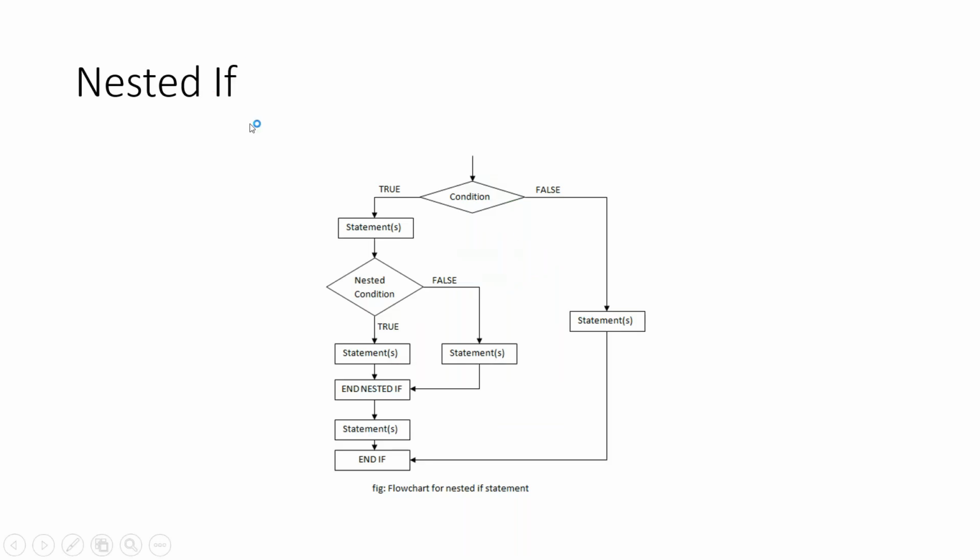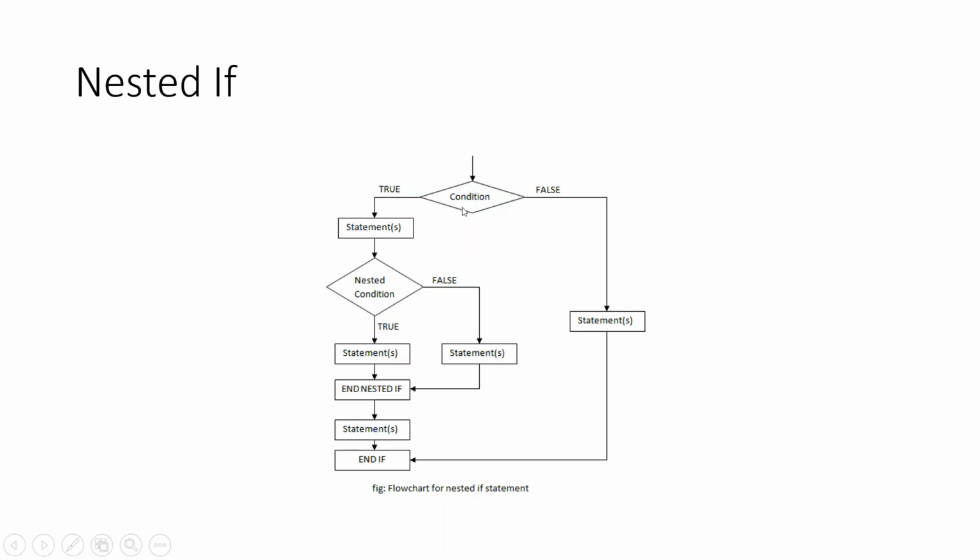Now going on to nested if. So nested if is basically the same if else with one more if condition. So it will be like, if this condition is failing, then go to the else condition. And if that else condition is also failing, then go on to the next one. So basically we are checking for a condition, and executing that statement if it is true.